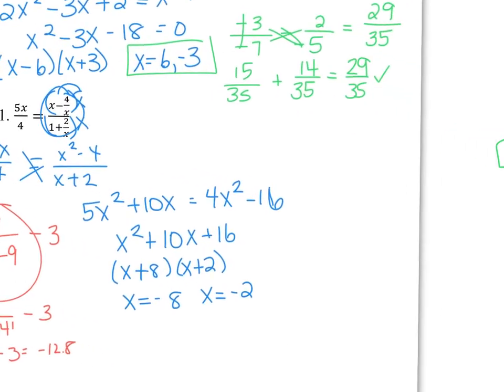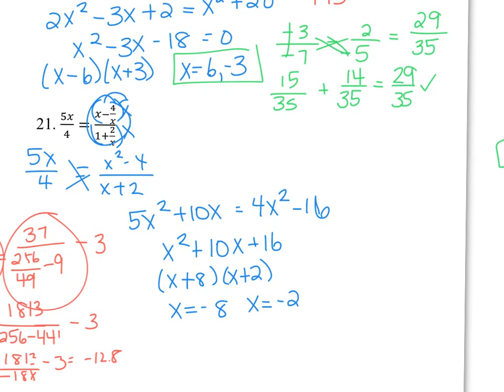So if I go and I check them, check negative 8 first, I have negative 40 over 4 equals negative 8 minus 4 over negative 8 over 1 plus 2 over negative 8. So I have negative 10 equals, I'm just going to multiply both of these, actually, I lied.